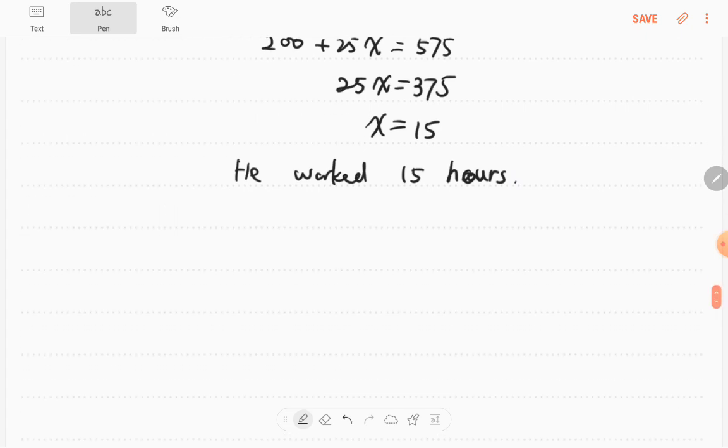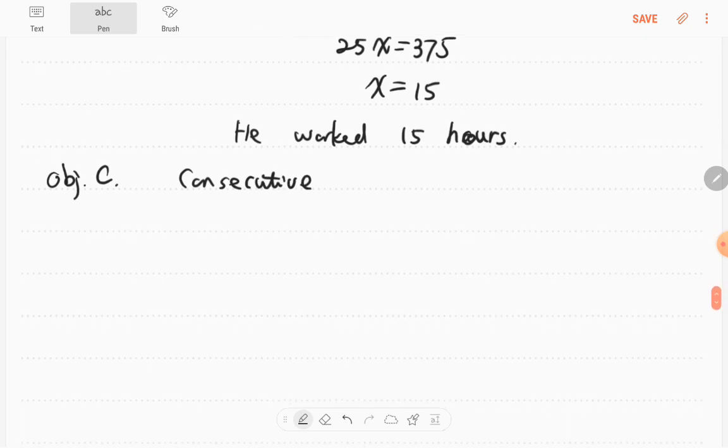So next, we will talk about objective C. This problem, we call it consecutive integer problems.